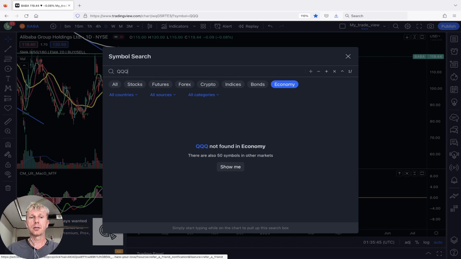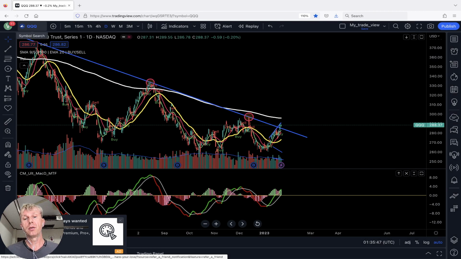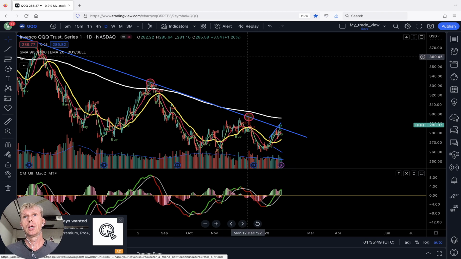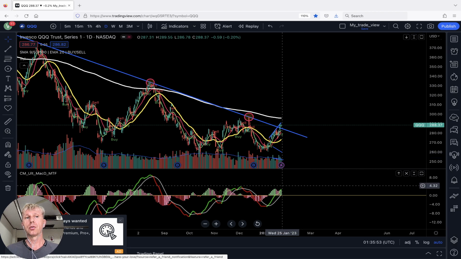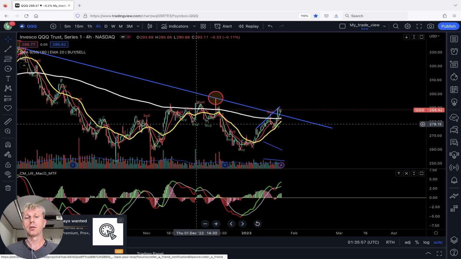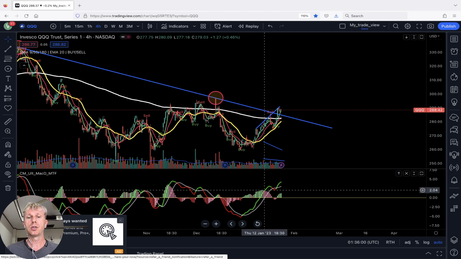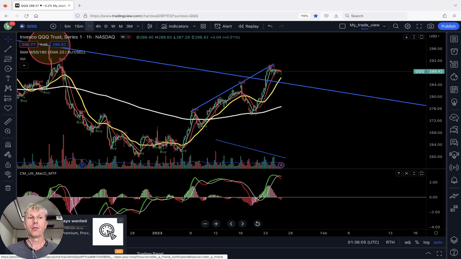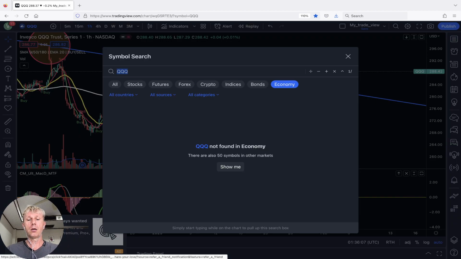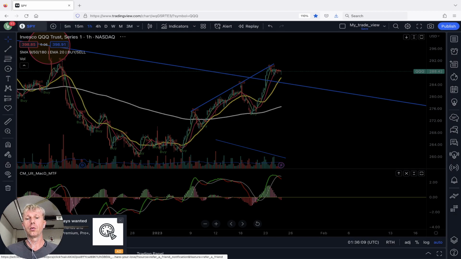For indexes, I believe it's a bull trap with a bearish reversal signal. We're still bullish on the daily time frame. On 4 hours, we're still bullish with bearish divergences. And on 1 hour, it already changed direction to bearish. For all indexes, on 1 hour, we changed direction to bearish.